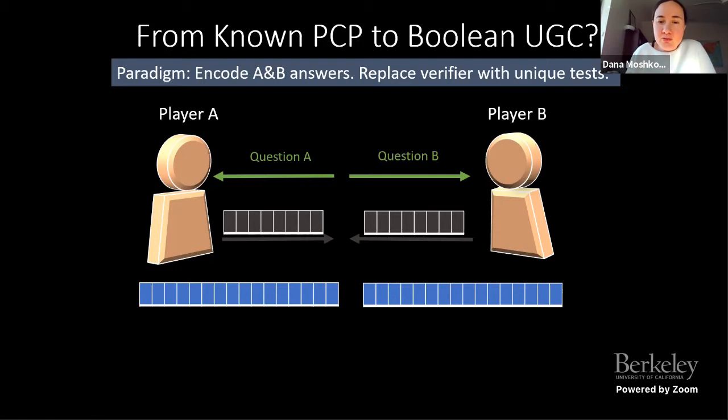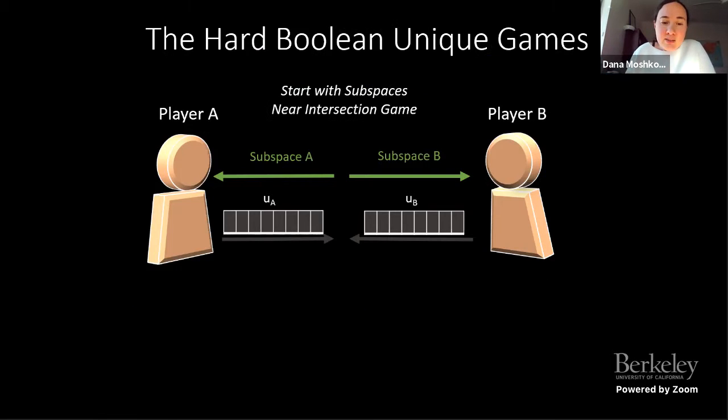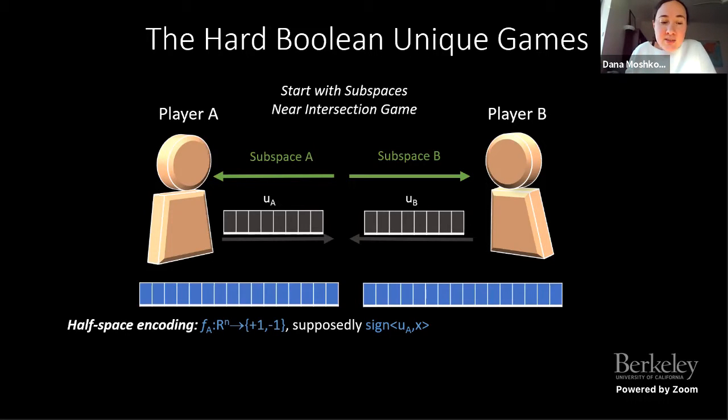And this is what we'll try to do here too. First of all, we'll start with the subspaces near intersection game, except that we'll use a very untraditional encoding scheme, which is encoding by a half space.